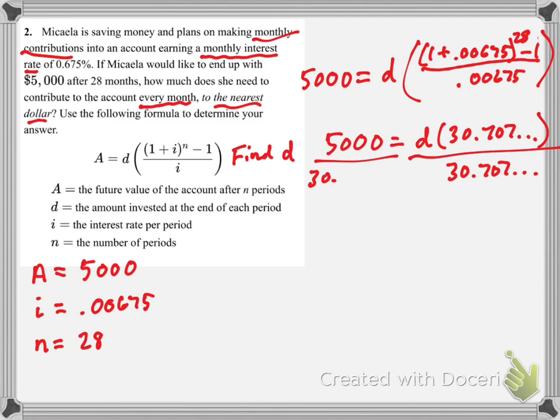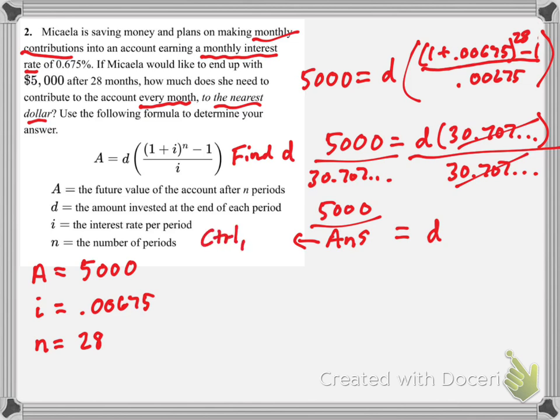Now again, you don't have to plug the whole thing in. Because remember, all you've got to do is hit Control, then the negative sign. The negative sign is next to the decimal point. So 5,000 divided by Control negative, that's my answer, what I just got, and I get 162.8.